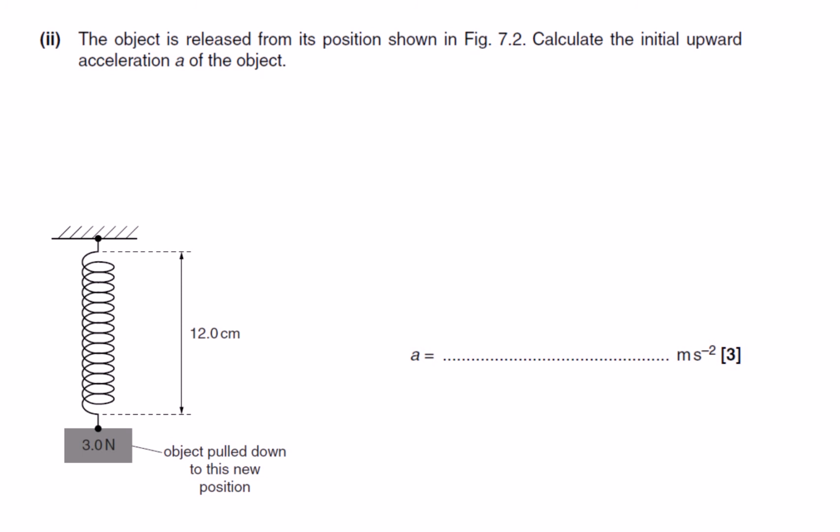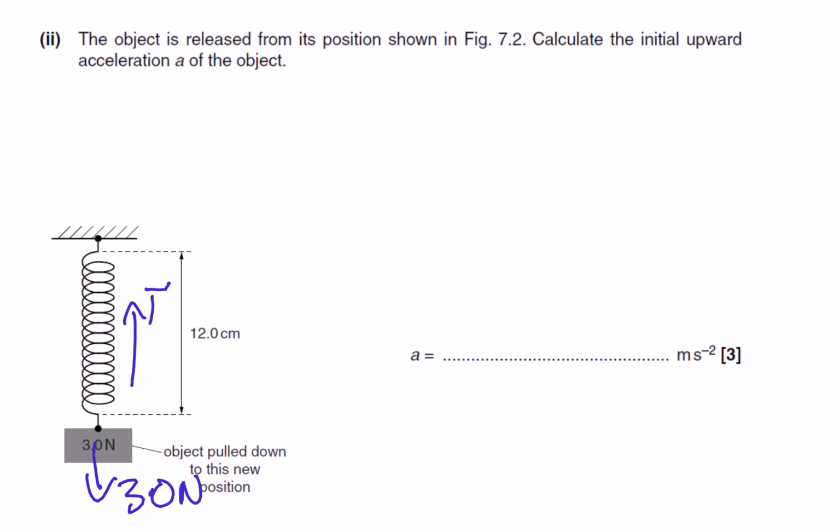Okay, so when this is let go, obviously what we've got going on here is we've got this 3 newtons, and then this 3 newtons is being held by whoever's pulling the thing down with some extra force. As soon as you let them go, we've still got this 3 newtons acting down, but now we've got a force acting up here, and I'm going to call it the tension.